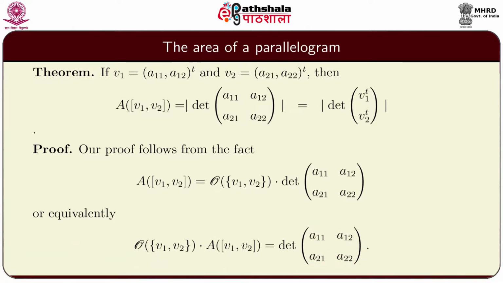You can see that they are indeed equivalent, because if we multiply by this orientation on both sides, then that being plus or minus 1, the square becomes 1, and therefore one expression implies the other and vice versa.